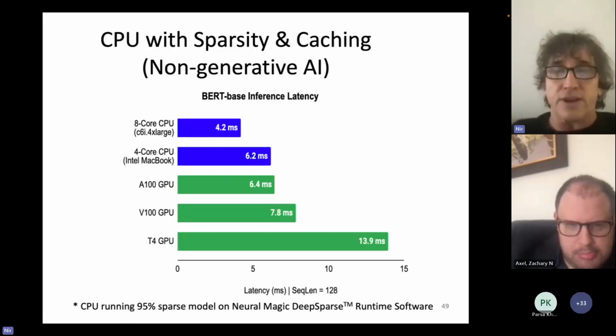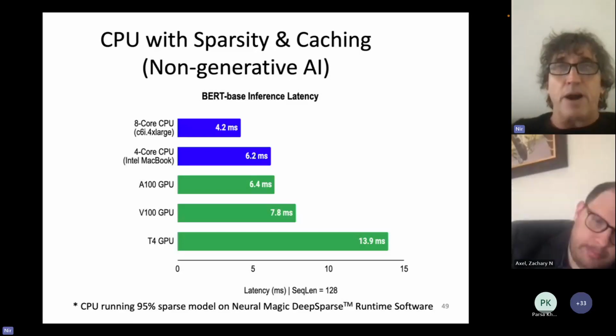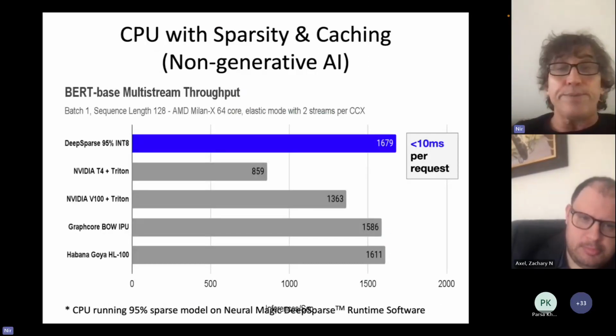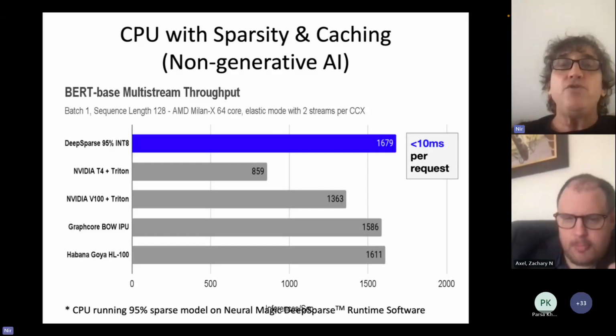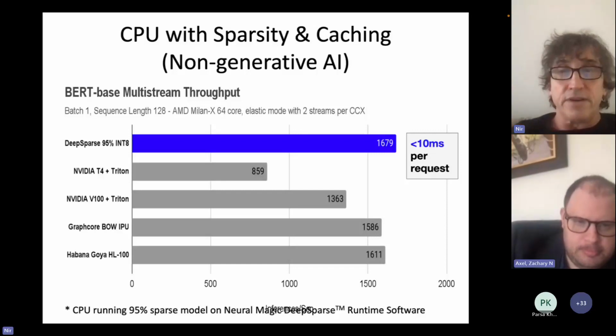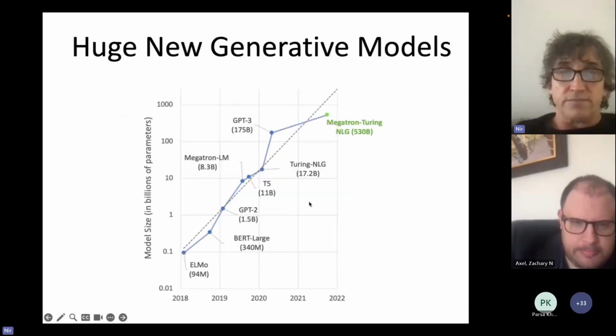If you mimic the brain, being sparse and running with locality. And this is true also for throughput. You can get a lot of throughput from a CPU by doing this. So that's what you can do for CPUs using sparsity and caching to get them to perform well.